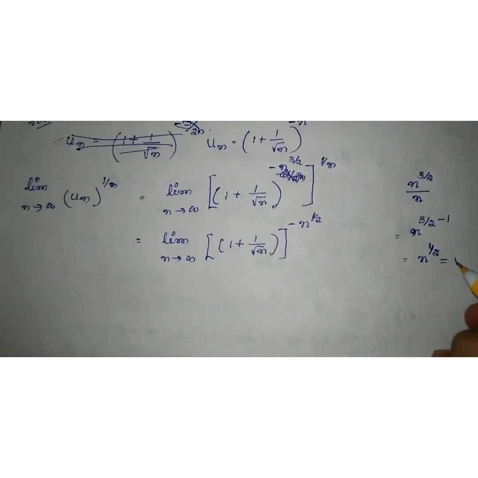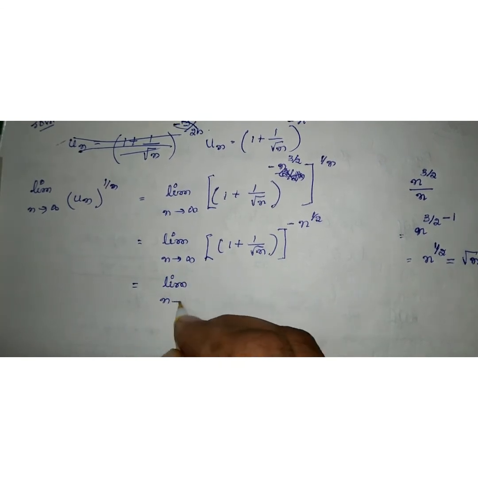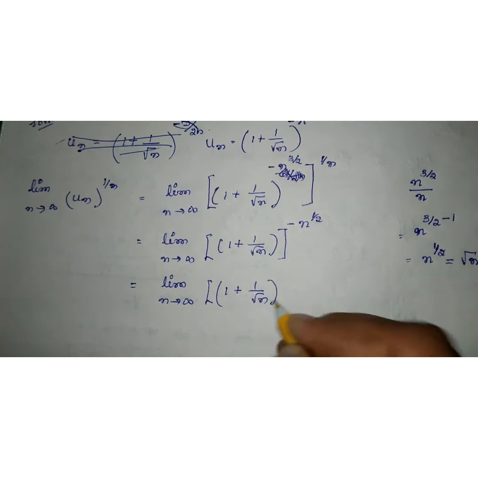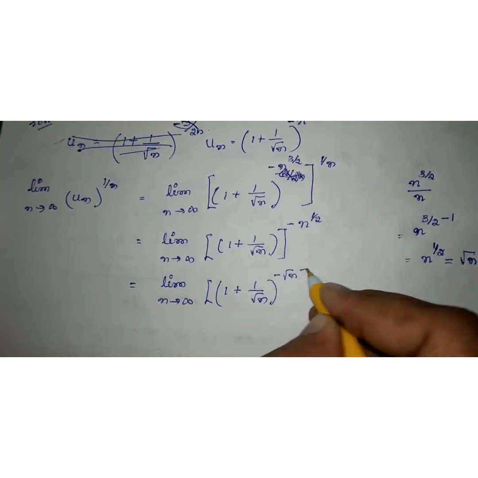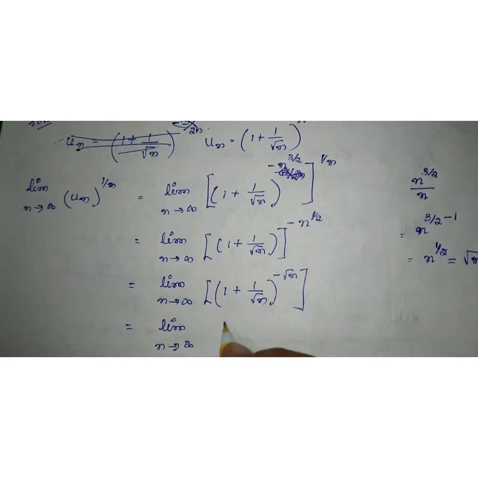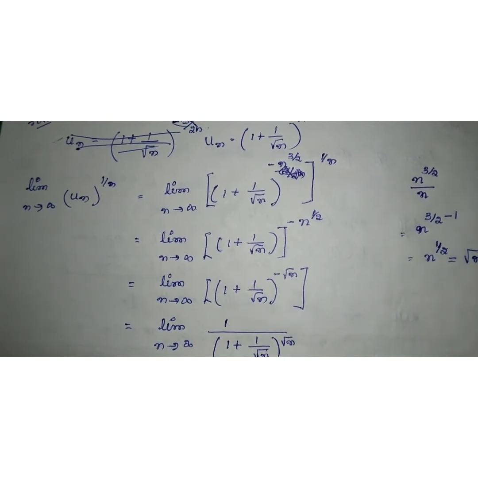So n power half is nothing but root n, so it is limit n tends to infinity (1 plus 1 by root n) whole to the power minus root n, so it is limit n tends to infinity 1 by (1 plus 1 by root n) whole power root n.